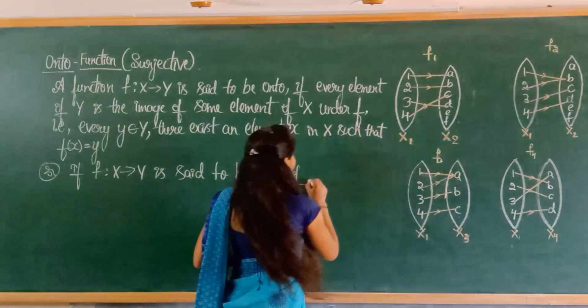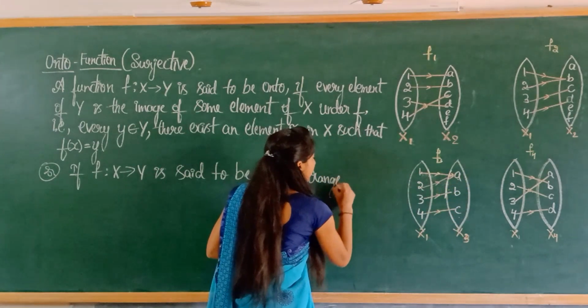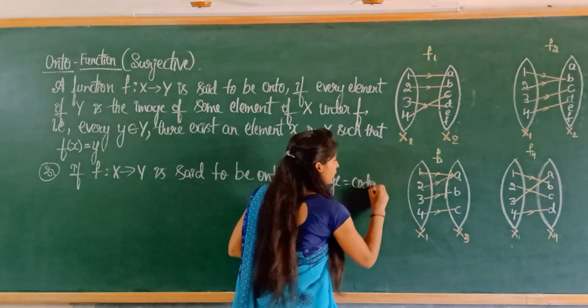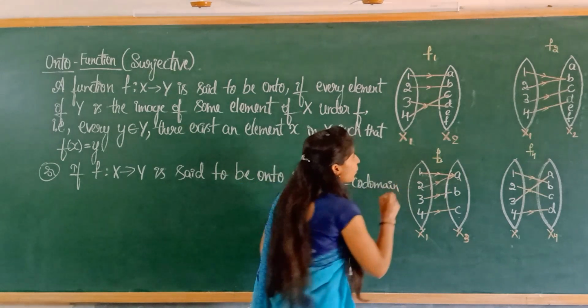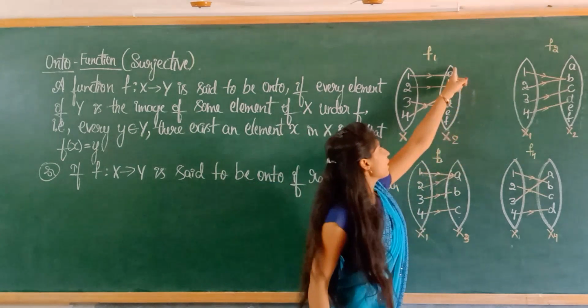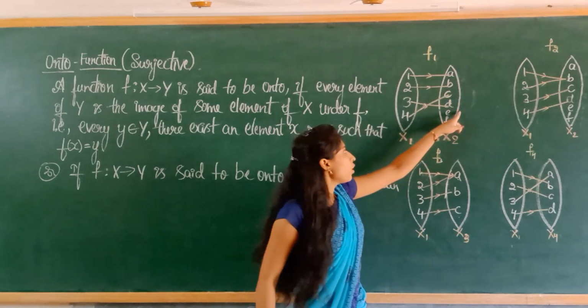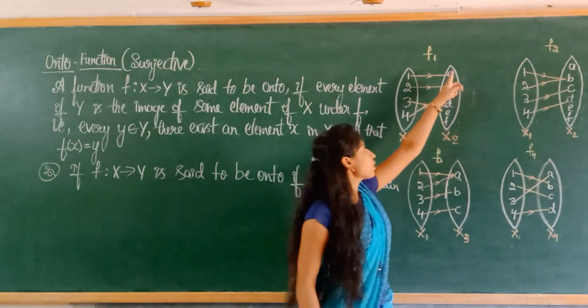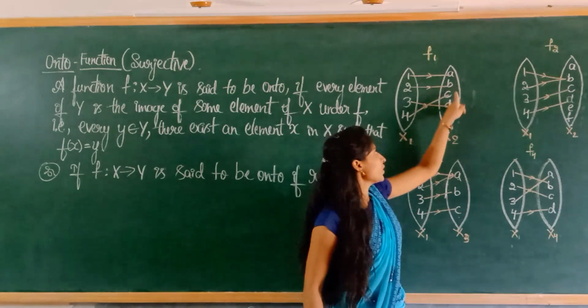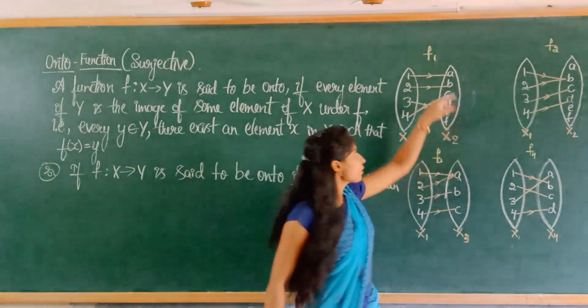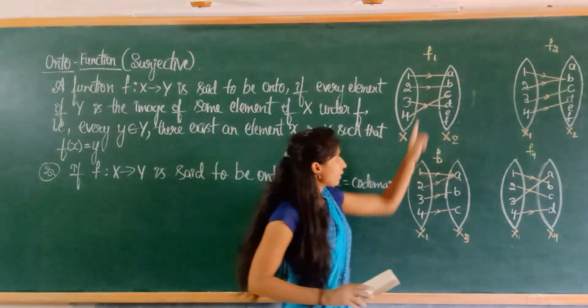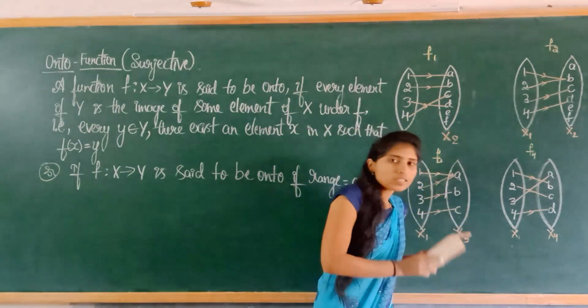If range equals codomain, I told you already, right? See here, because here the range is what? ABCD is the range, but the codomain is the whole second set, that is ABCDEF. ABCD is the range and the whole set ABCDEF is called the codomain.